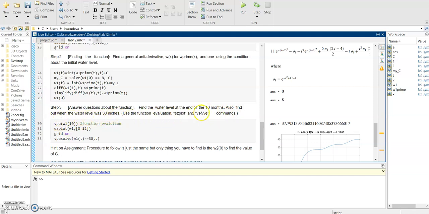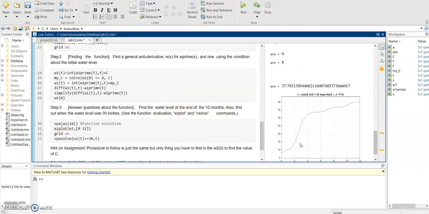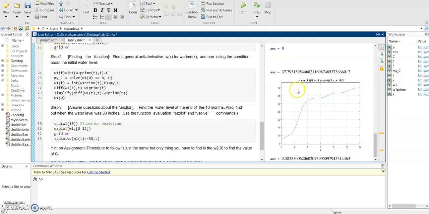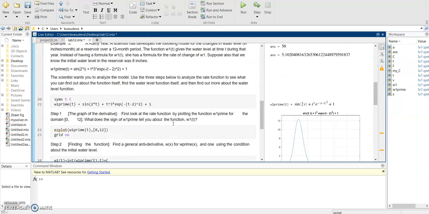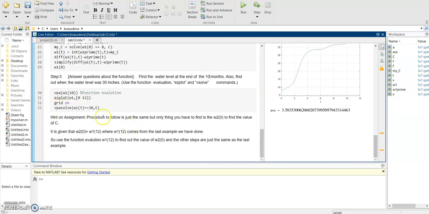You have to use 3 different commands. Let's say vpa of w1 of 10, which is going to give you the water level at the end of 10 months. That answer is 37.79 inches.